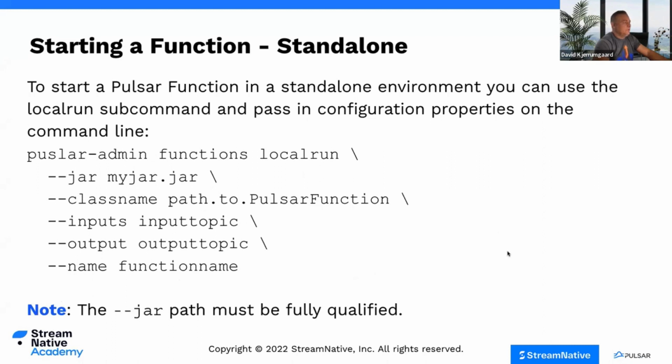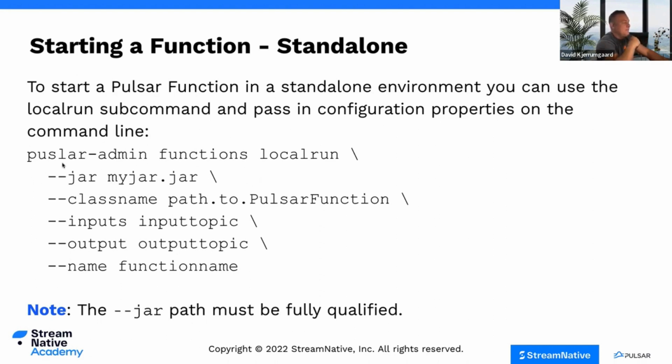So again, if you want to start a Pulsar function in a standalone environment, you can do this using local run, excuse me, and then you have all these various configuration switches, right? So this is the very basic way of doing it. Again, pulsar-admin functions is the command, localrun is the subcommand.